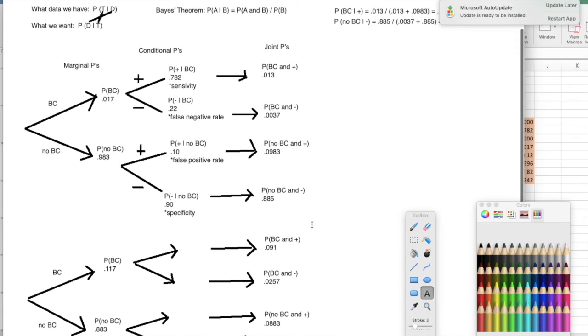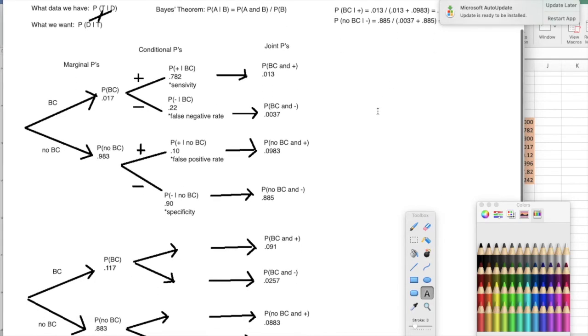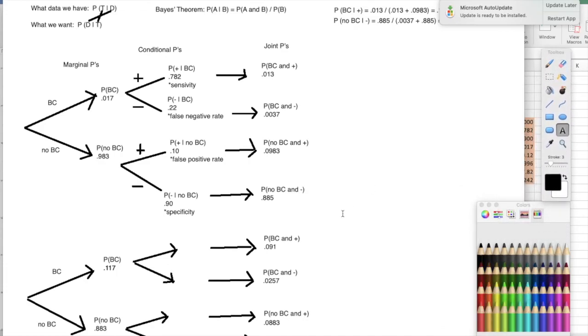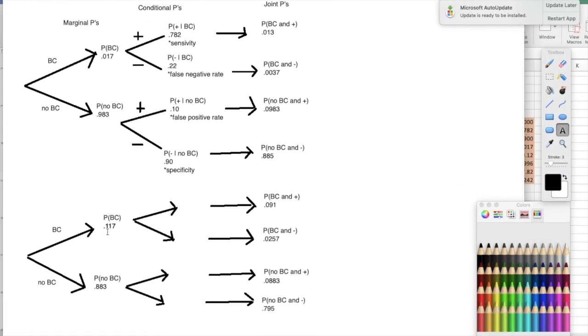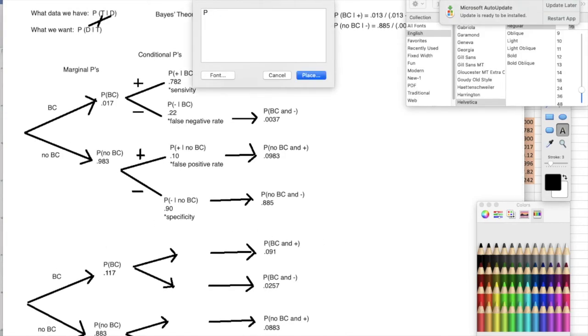So now we do the exact same thing we did up here, down here. We want to know now, what's the probability of having breast cancer given that we have 2 positive tests?